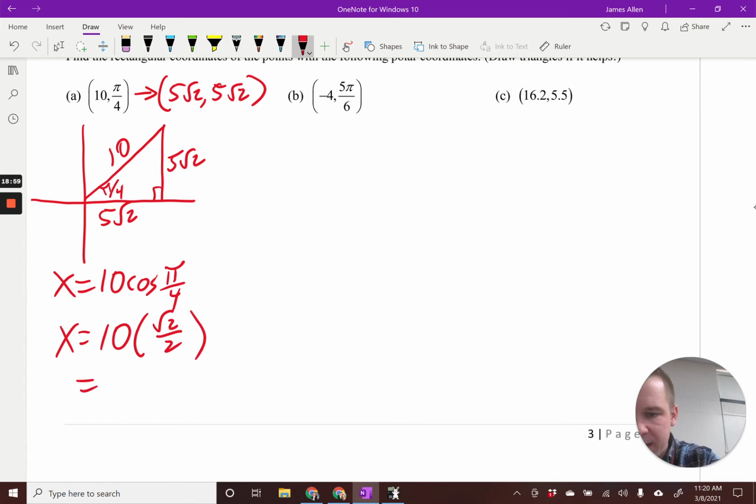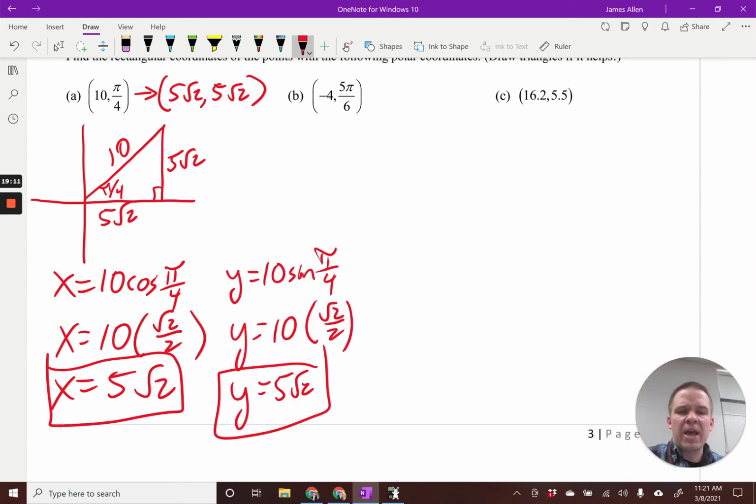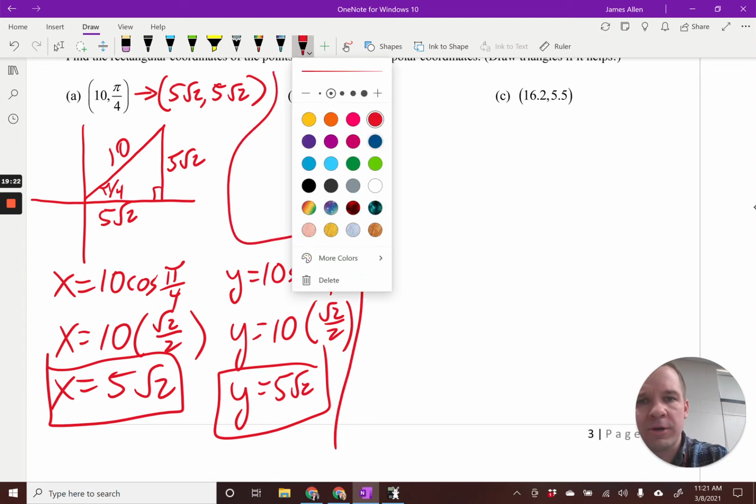And then if we simplify that, 10 divided by 2 is 5 root 2. And the same would go with my y coordinate for this one. Same exact algebra, and we get our 5 root 2. And there it is in case you wanted to see it. I figured I'd save a little time in the video that way. So we could go formula, or we could draw a picture. It's really up to you. I'm a picture person, and I'm going to show you both.